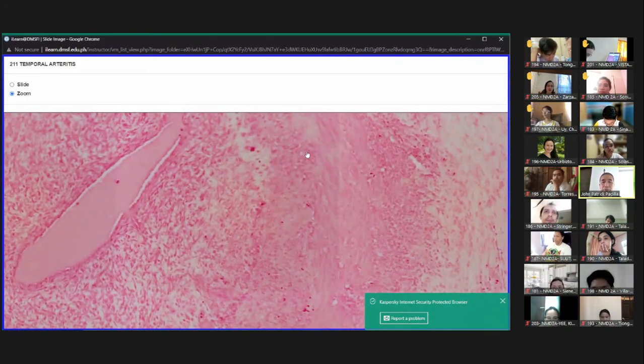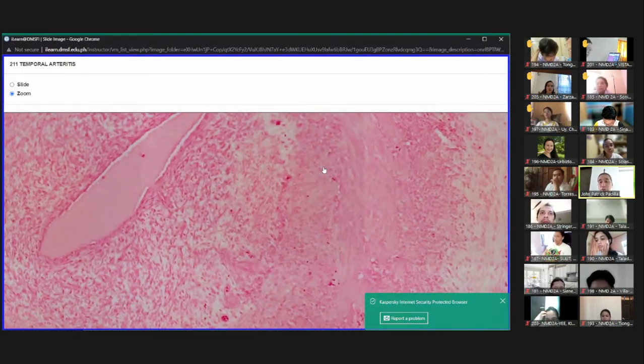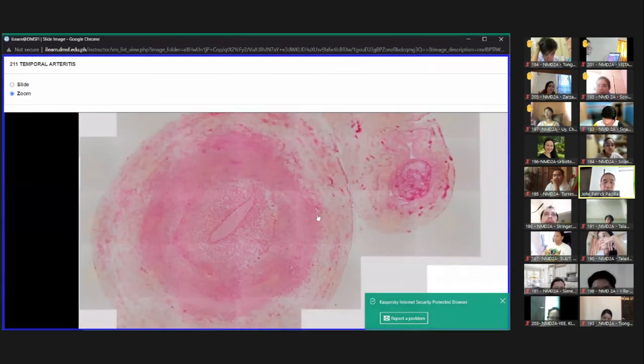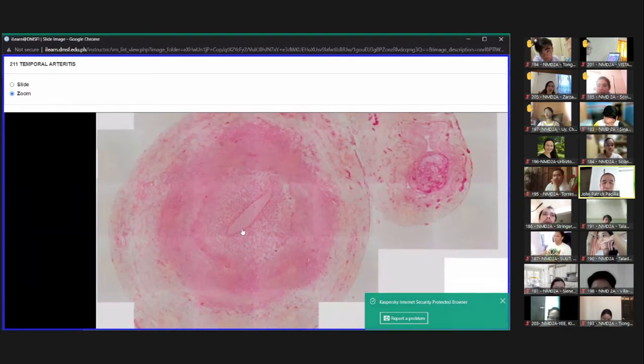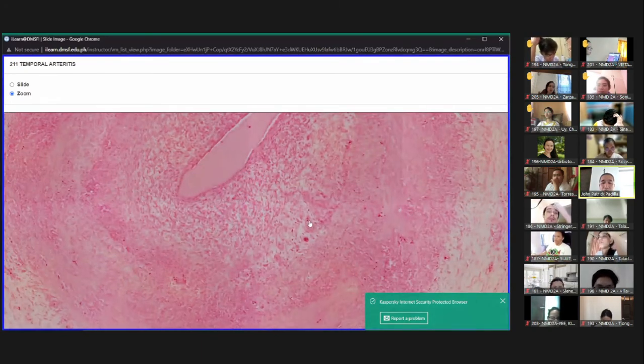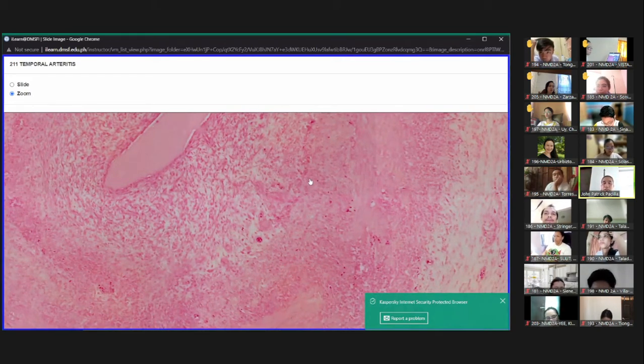So there's inflammation present in the slide, and this would be more of granulomatous inflammation. You can see the cells that have round to ovoid vesicular nuclei. So this is temporal arteritis. Here you can see a cross-section of the temporal artery with the slit-like vascular lumen. In high power magnification, you can see the presence of inflammatory cells, mainly epithelioid histiocytes.